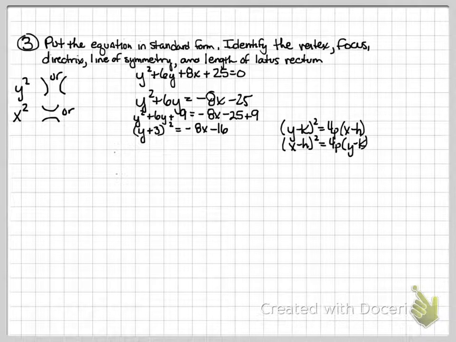The key thing is that these squared terms can only be on one side. You can't have anything else there, so there can't be any 4p's, there can't be anything else on that same side. The 4p's are to be in front of either the x or the y, the one that isn't squared.